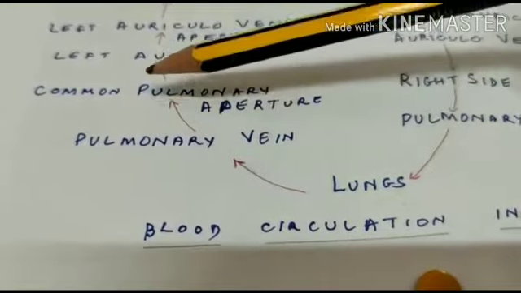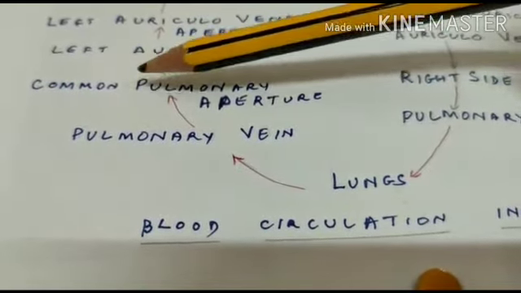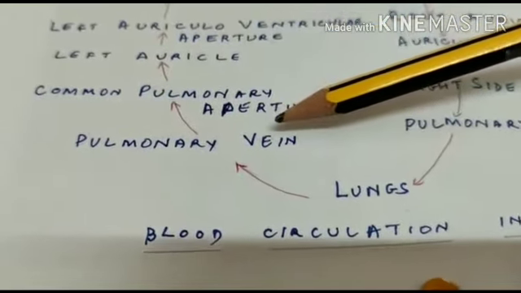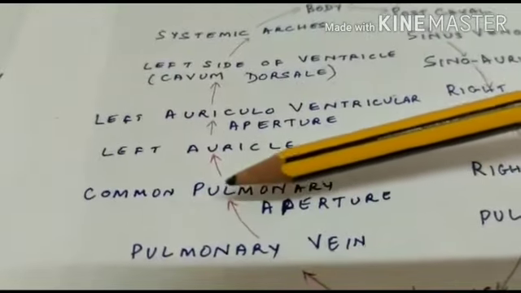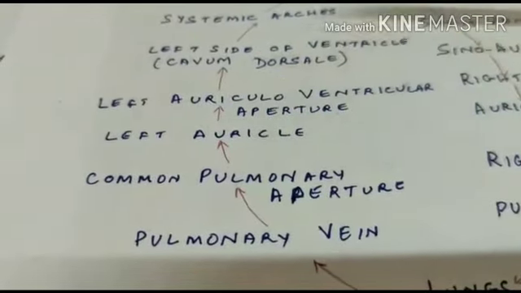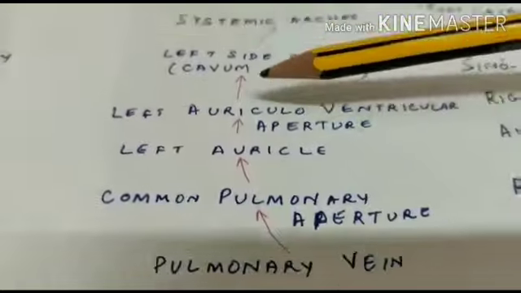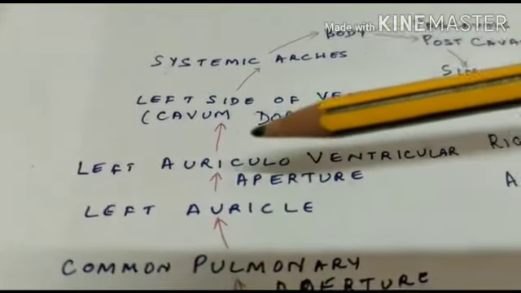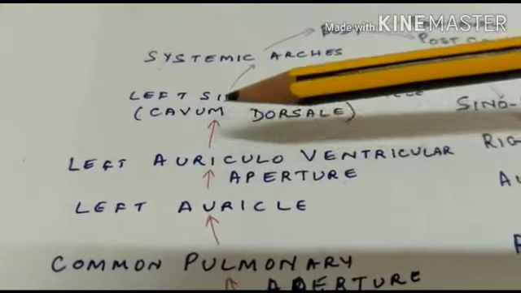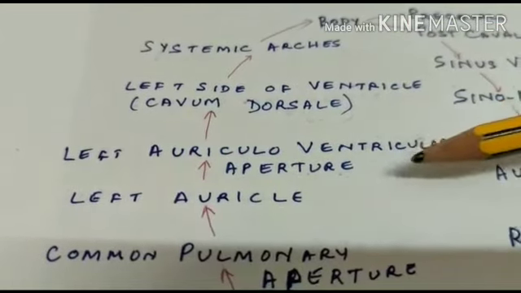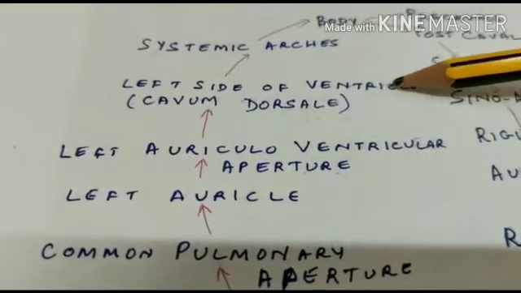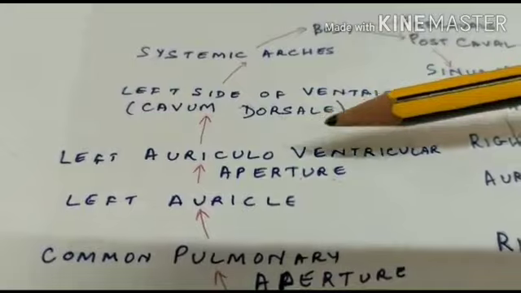The pulmonary vein opens into the left auricle by the common pulmonary aperture, and then the blood comes through the left auriculo-ventricular aperture into the left side of the ventricle, that is the cavum dorsale.